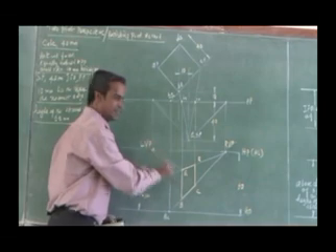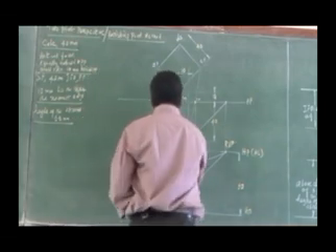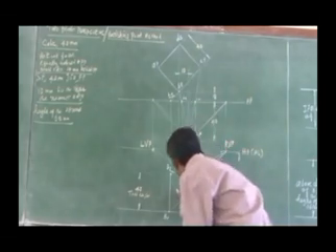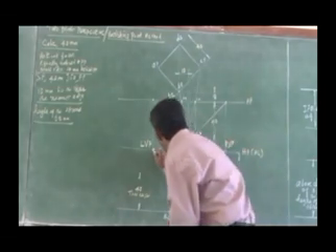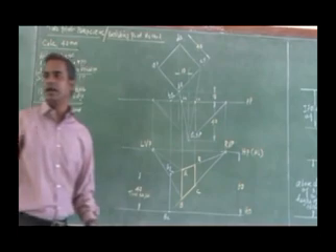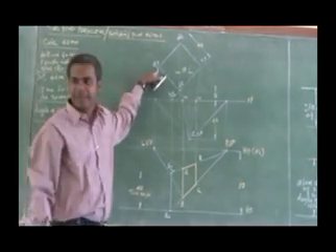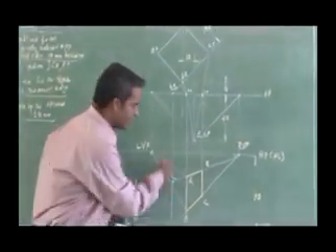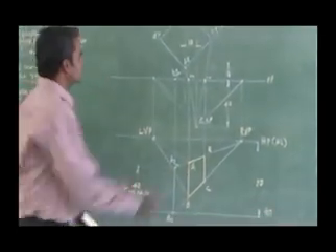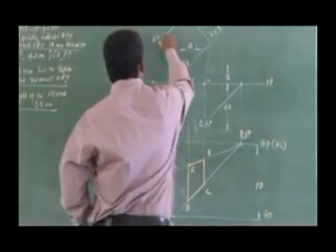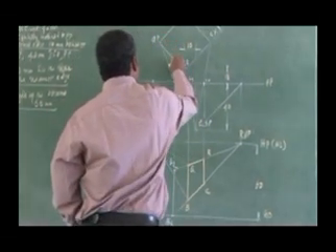So this is the vanishing line for the face BQAP. Right. So I can get the perspective intercept of AP and I can project it. I can get the AP perspective here. The intercept of AP will be obtained by joining to this station point.